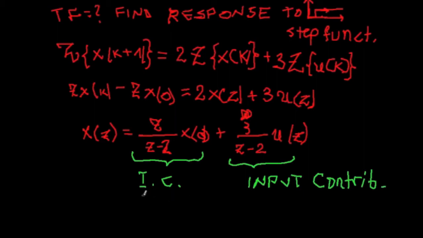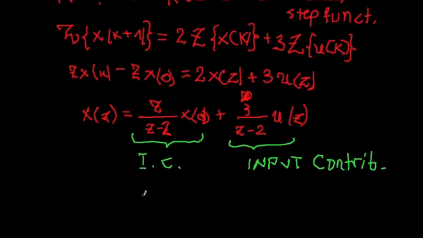So we have these two things, and the interesting thing would be, once we found the transfer function, we can look that this is the transfer function here that relates input to the state, and here we have a transfer function that relates the initial condition to the state.